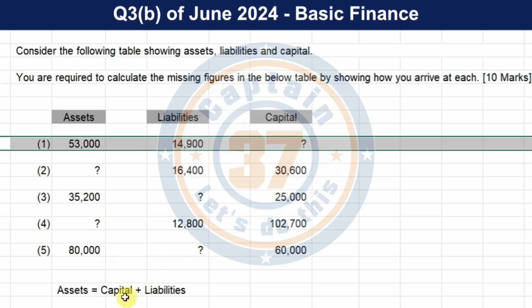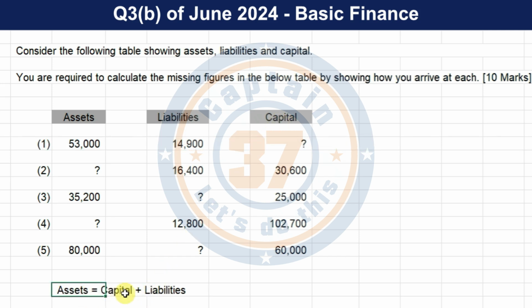All that we need to do is to change this and make capital the subject of the formula. If we make capital the subject of the formula, then capital is equal to assets minus liabilities.